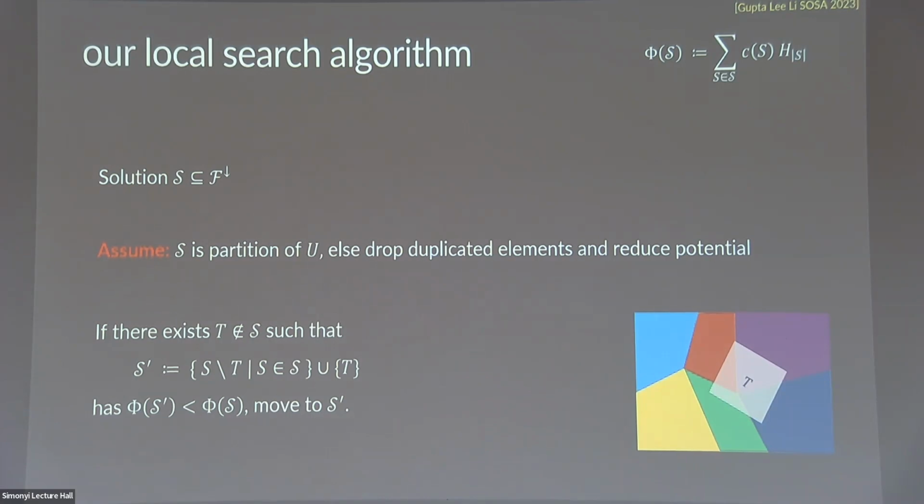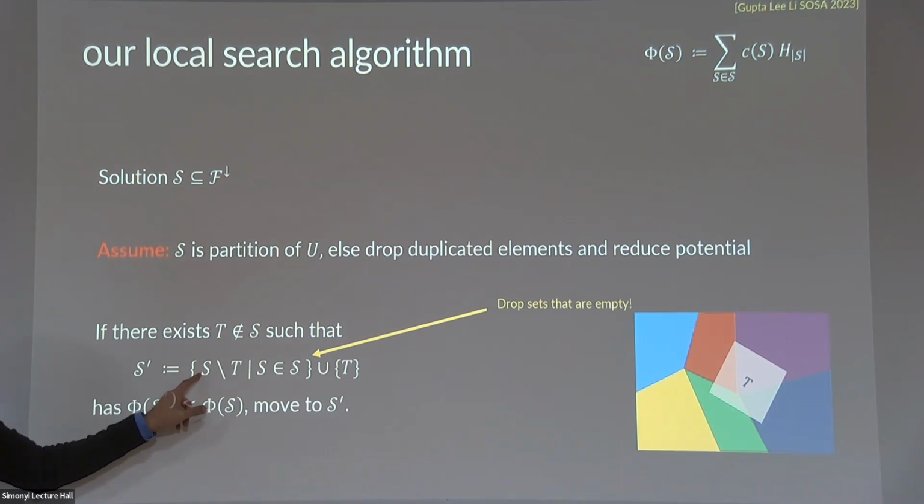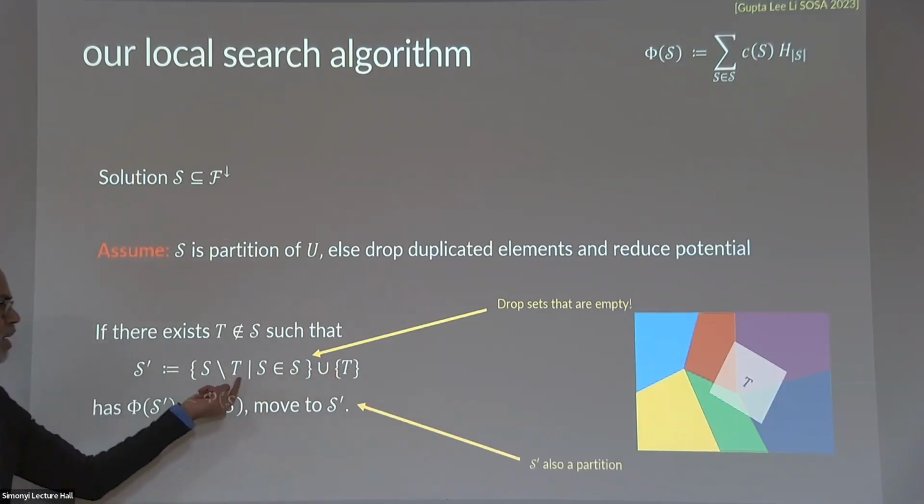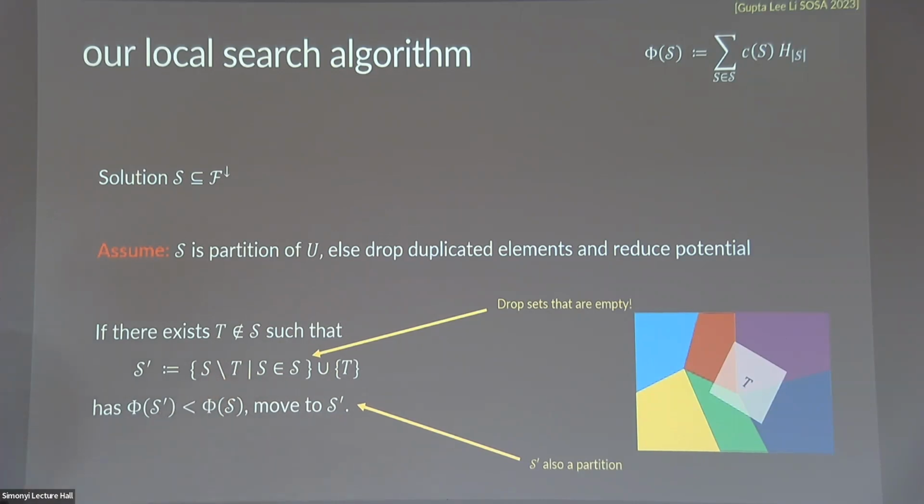One thing to note, by the way, is that if T captures all of some set S, then you can drop that set, of course. So in some sense, the empty set is the only one which doesn't inherit the cost from the upstairs. Its cost is 0, obviously. And because I did this removing all the elements of T, I maintain a partition.